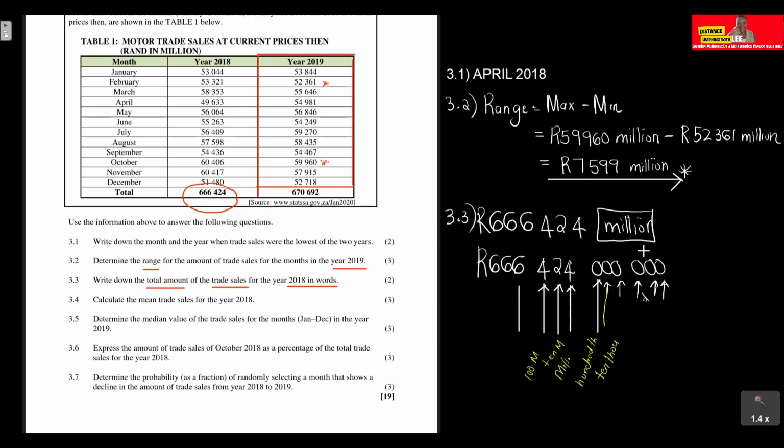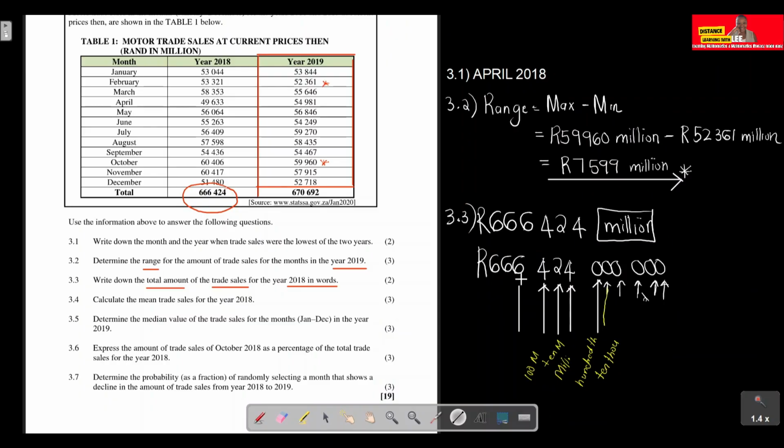So if we covered up the rest of the value and read just this digit, we'd be dealing with 4 million. If we read from the 2, we'd be dealing with 24 million. If we read from the 4 all the way there, we're dealing with 424 million. So now we're done with our millions.